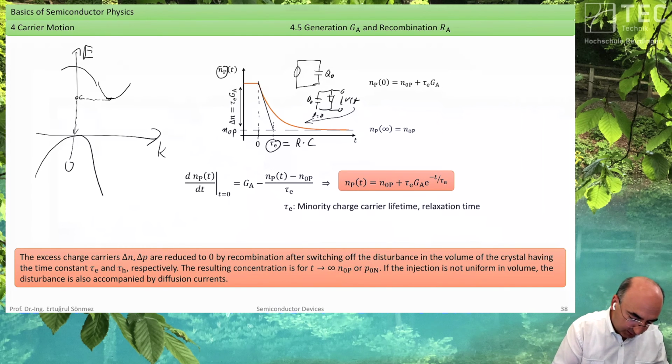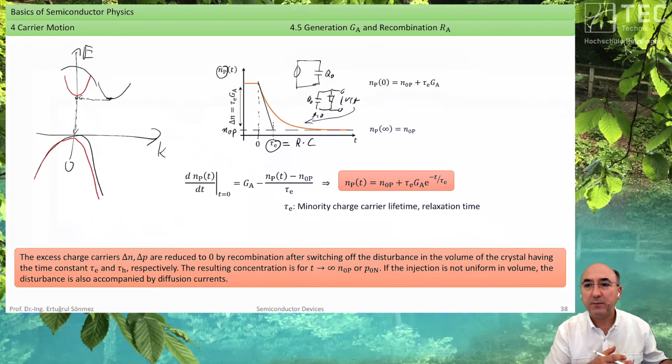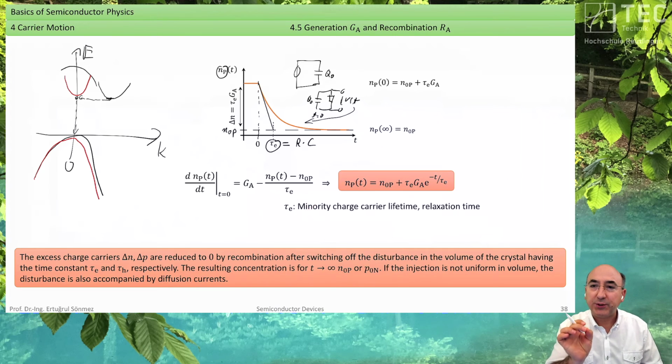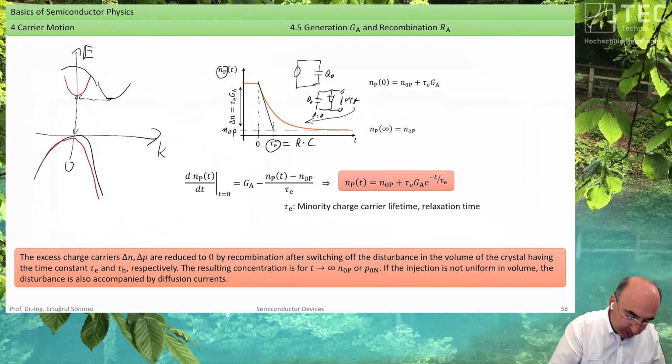Now you have an additional semiconductor, which is direct. Let's say gallium arsenide, gallium nitride. Okay? Just from this picture, which one has a shorter lifetime for the electrons?